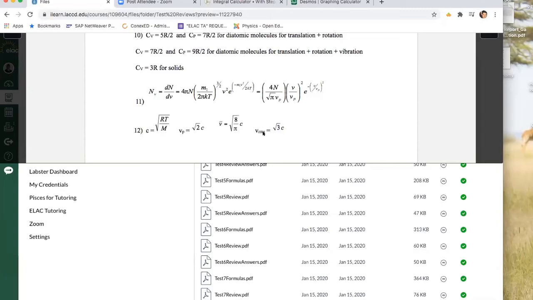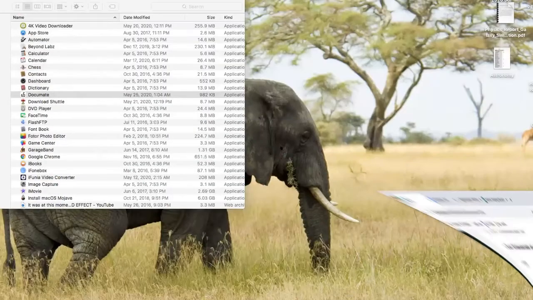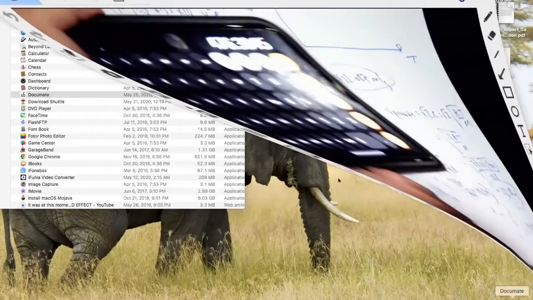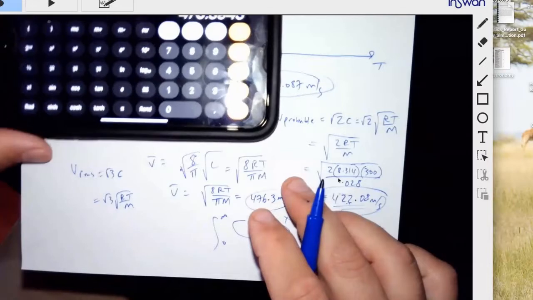So now, if we calculate that, we get what? Square root of 3 times c, square root of 3 times square root of RT over m. So what is that going to be here? Let's see.